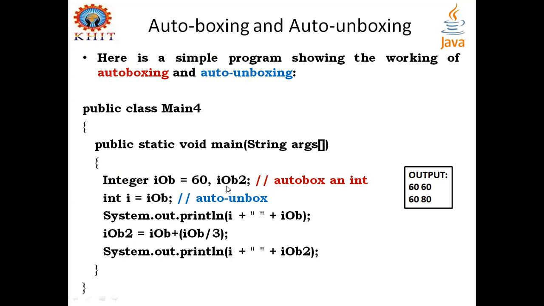Here 60 is just a numerical value being assigned to a wrapper object, so it is called auto boxing. When we assign the object value to a primitive type int, it is called auto unboxing.